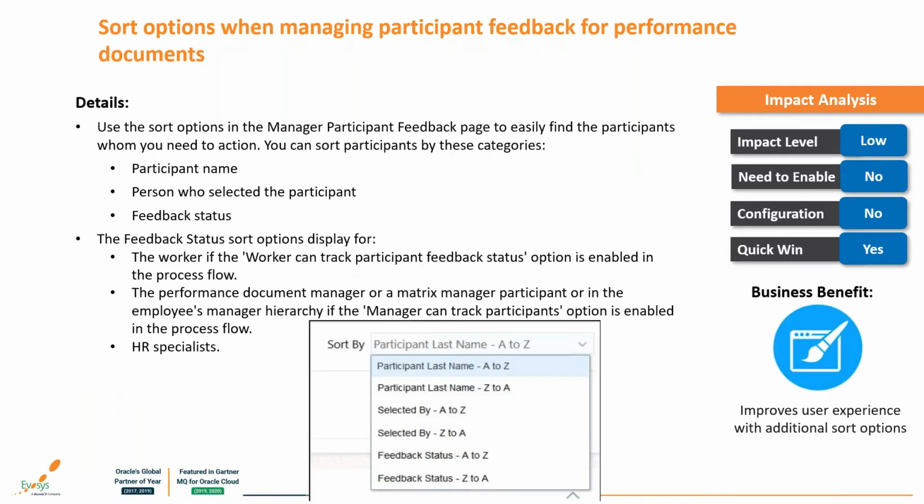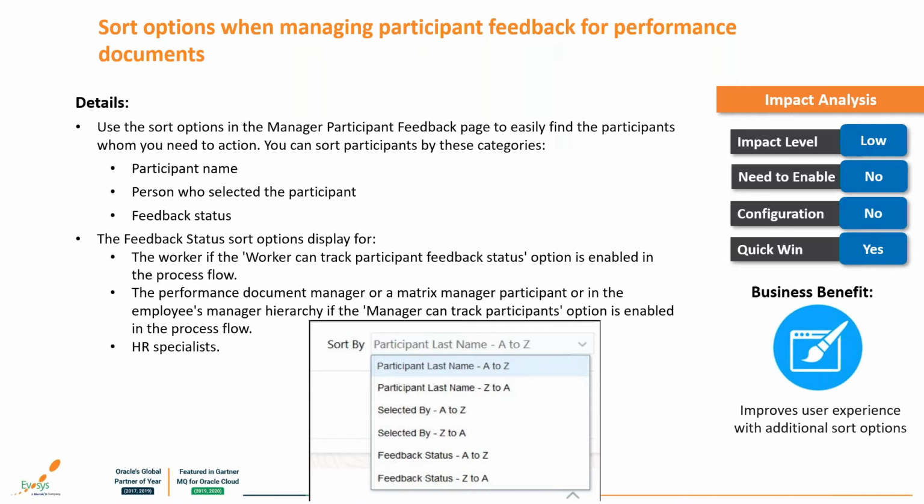Moving to the next feature, which is the sort option while managing participant feedback for performance documents. So as an HR administrator, when you go to the manage participant feedback page, you will get these sort options to sort the participants for which you need to take action. You can sort the participants by these three categories: participant name, person who selected the participant, and feedback status.